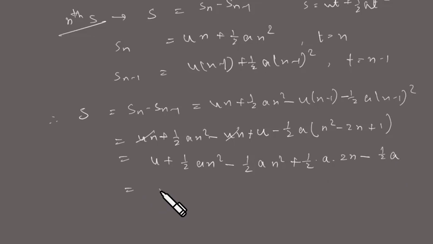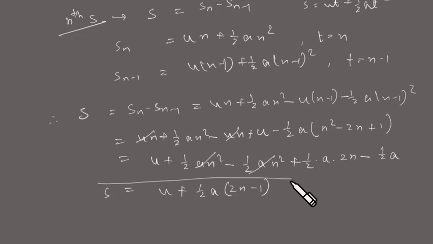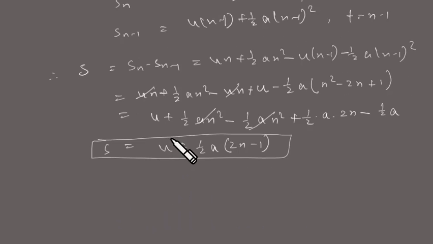Half a n square cancels again. Therefore, if we take half a common, it becomes 2n minus 1. So that's the formula for the displacement of a body moving with constant acceleration in nth second: S equals u plus half a into 2n minus 1.